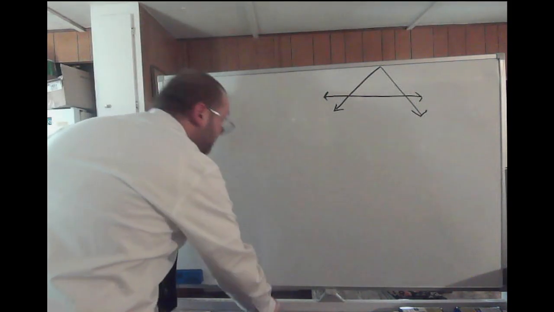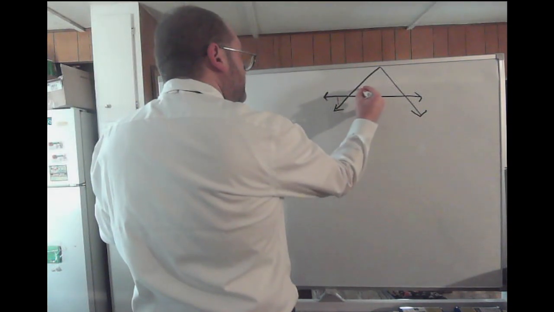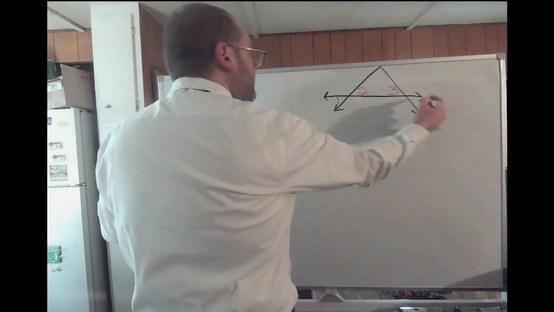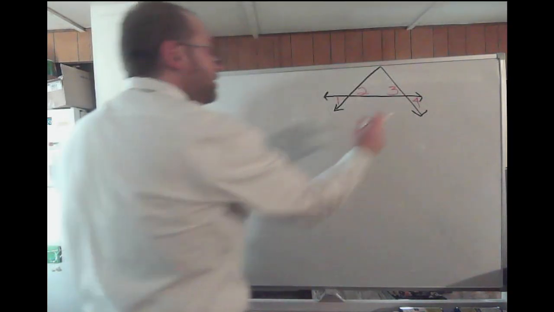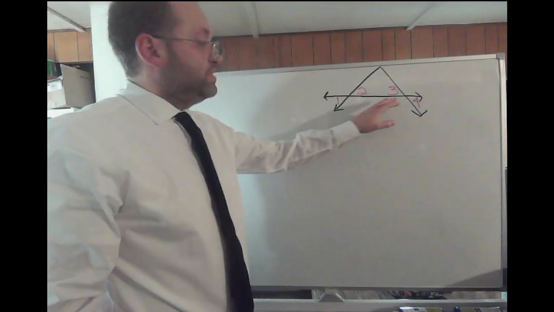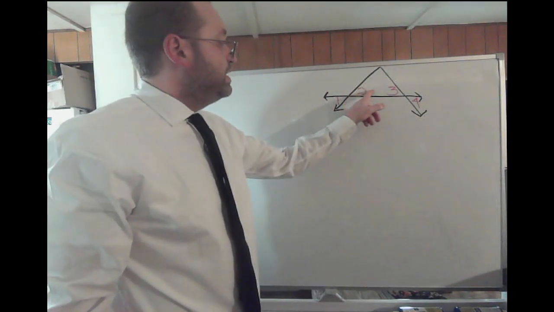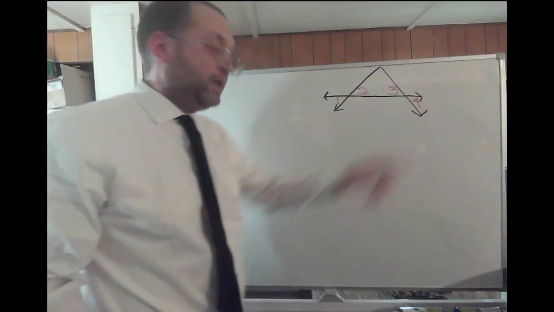We're going to set up a triangle, okay? I have angle 1 here, angle 2 here, angle 3 here, angle 4 here. So I have a triangle with a line that's the base.